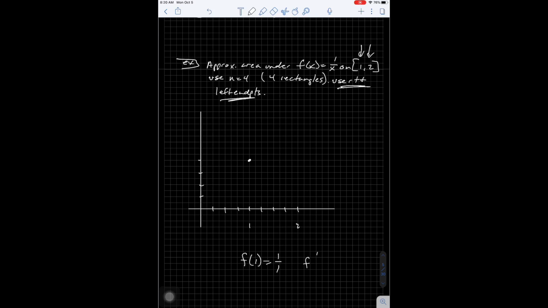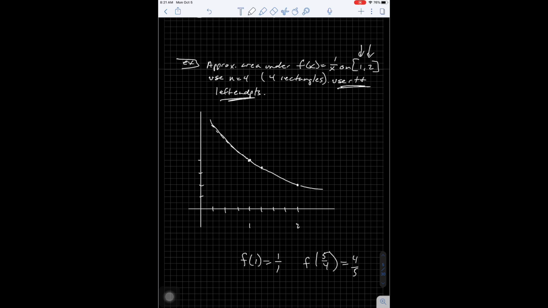When x is 1 1/4, which is 5/4, I get 1 over 5/4, which is 4/5. So a little bit less there. At 2, I'm at a half. So it's generally coming down like this. That's kind of what this curve is looking like.